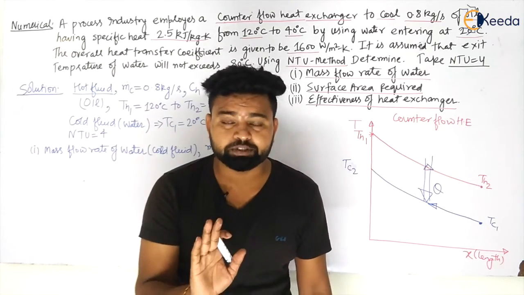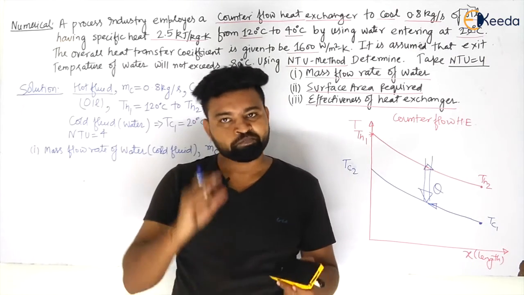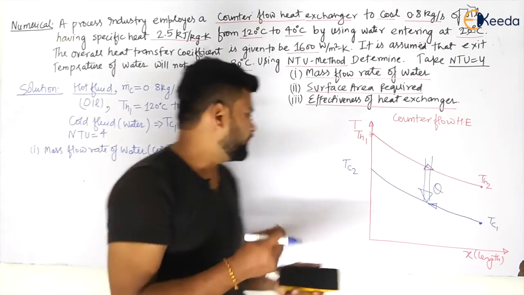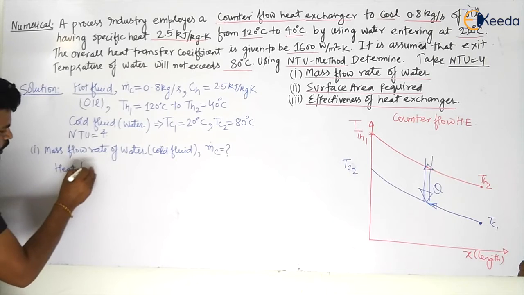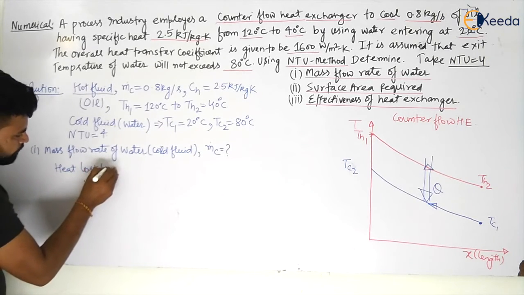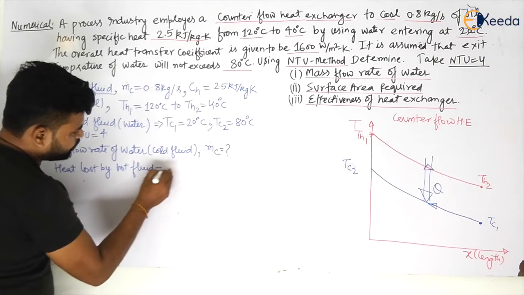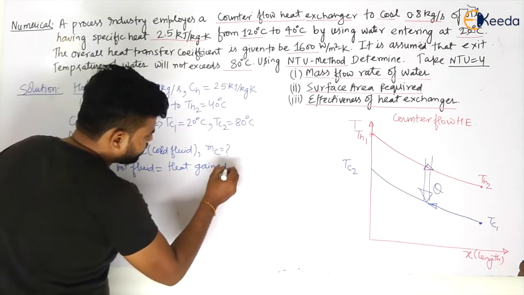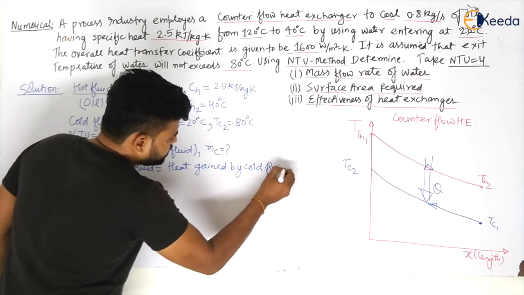So can I take the first assumption? What was the first assumption? That heat transferred by the hot fluid is equal to heat taken by the cold fluid. So we can say heat lost by the hot fluid is equal to heat gained by the cold fluid, yes or no?